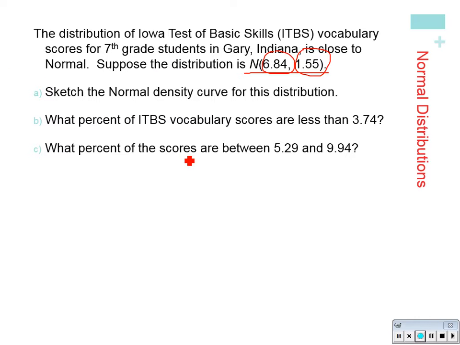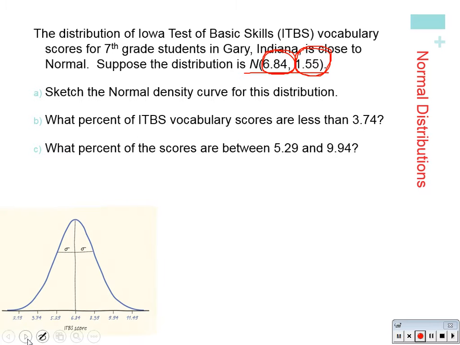So what we're basically asked to do here is make a normal curve with 6.84 down the center, and then we're going to put our points of curvature on the graph in increments of 1.55 from the mean. So what you would get for part A is something that looks like this, right?